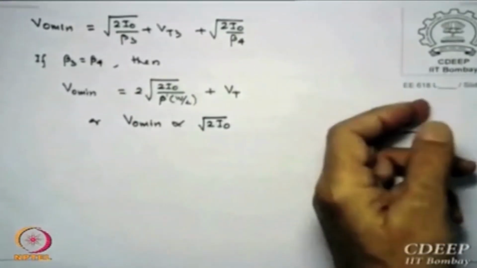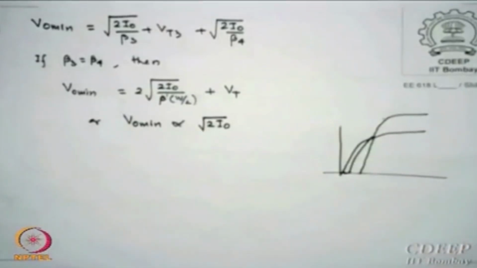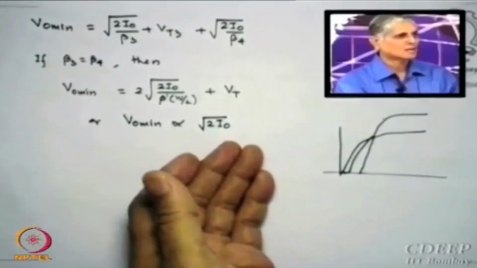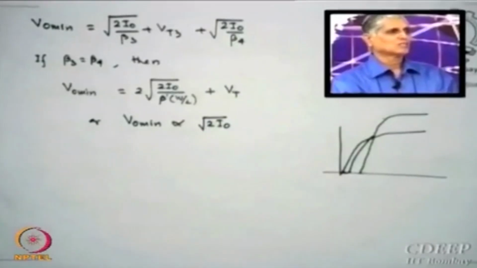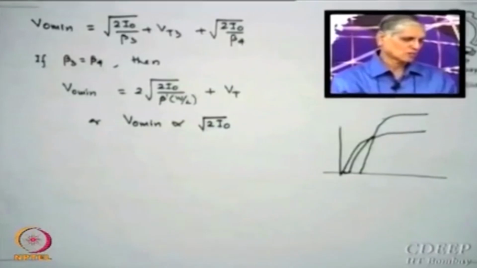If you push higher currents, drops will also increase. It is Ohm's law: current increases, so the drop increases. Only it is not linear like Ohm's law; it is proportional to under root of I0 because of the square law term.